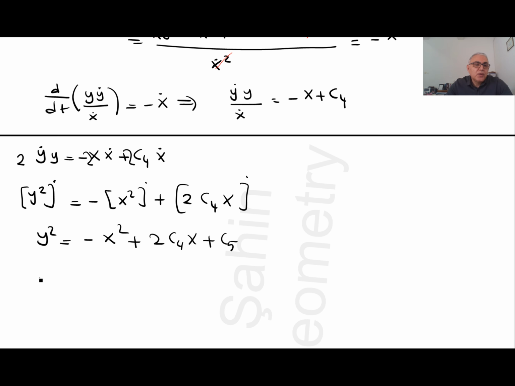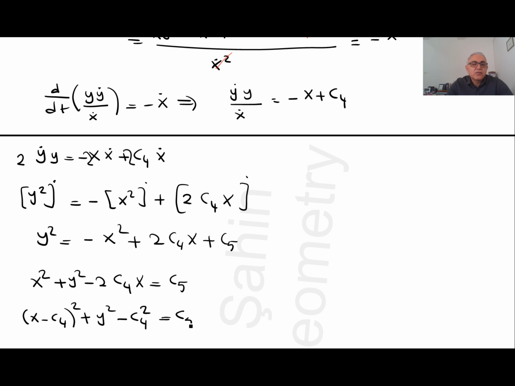Okay, now if you arrange this one, we have x square plus y square minus 2 times c4 x equals c5. Or you can write x minus c4 square plus y square, so x square minus 2 times c4 x plus c4 square, so it will be c4 square equals c5.